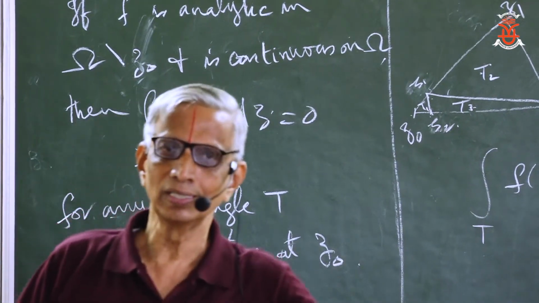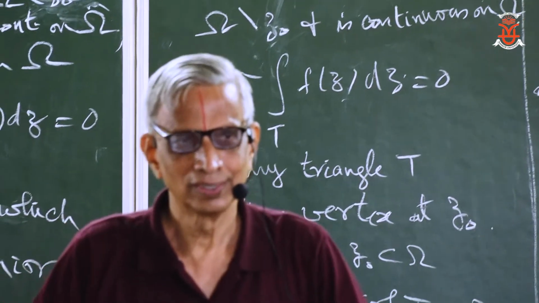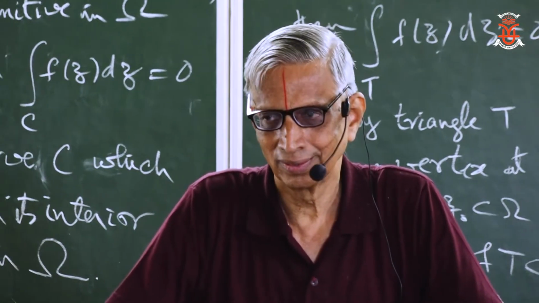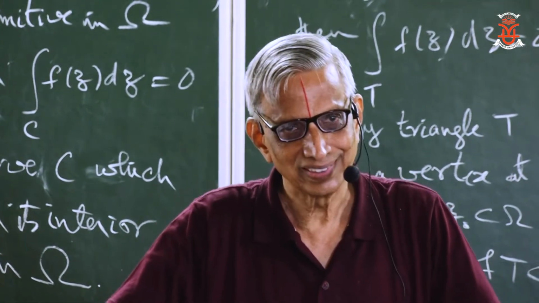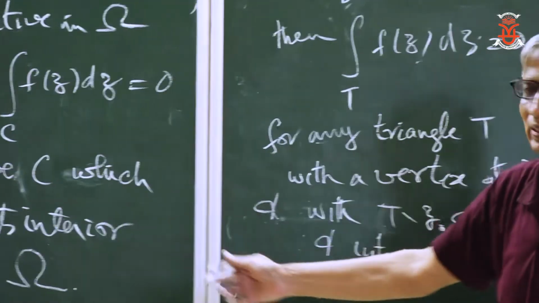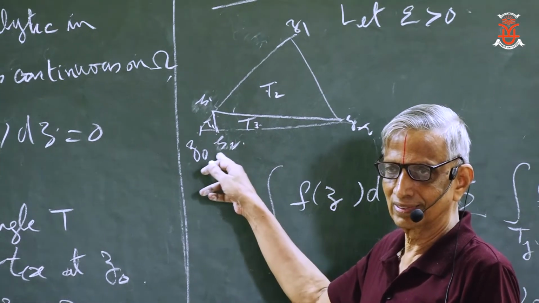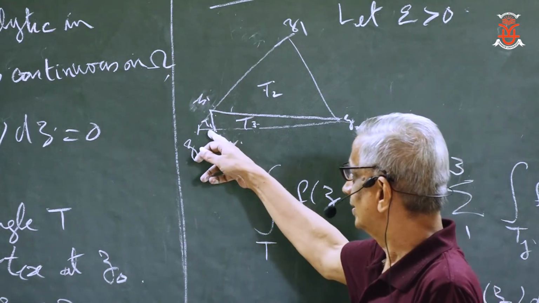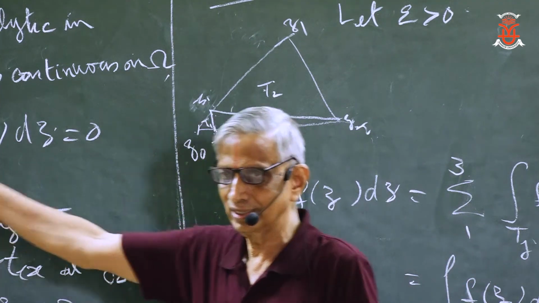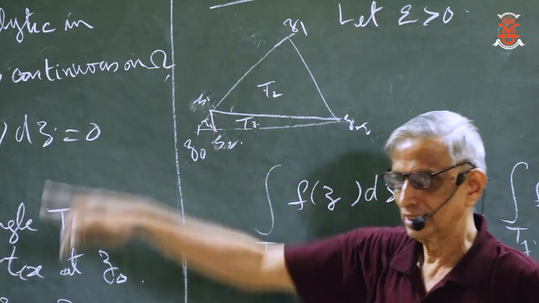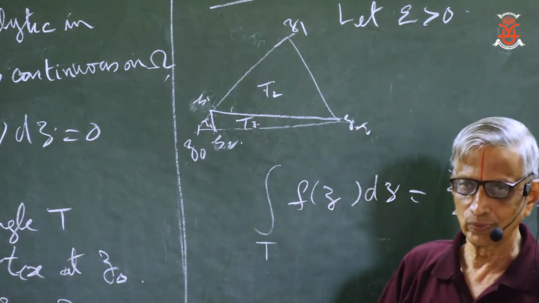What changes do you need in the proof? You don't need any change, right? Because we took a triangle with Z naught as a vertex. So even if Z naught is not a point of analyticity, it still holds by the improved Gauss lemma.